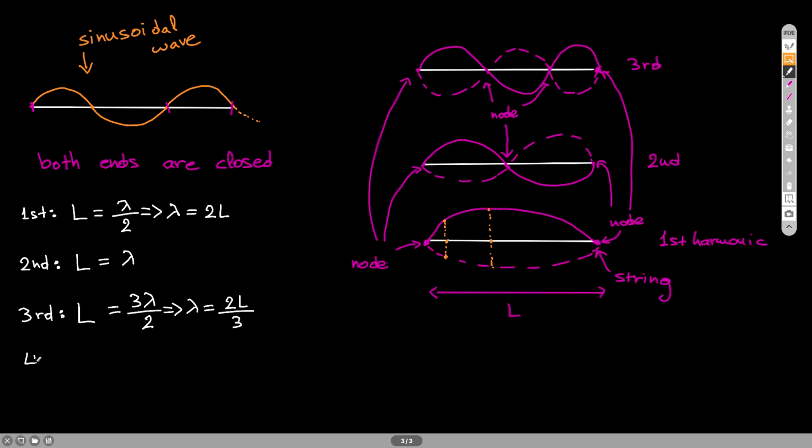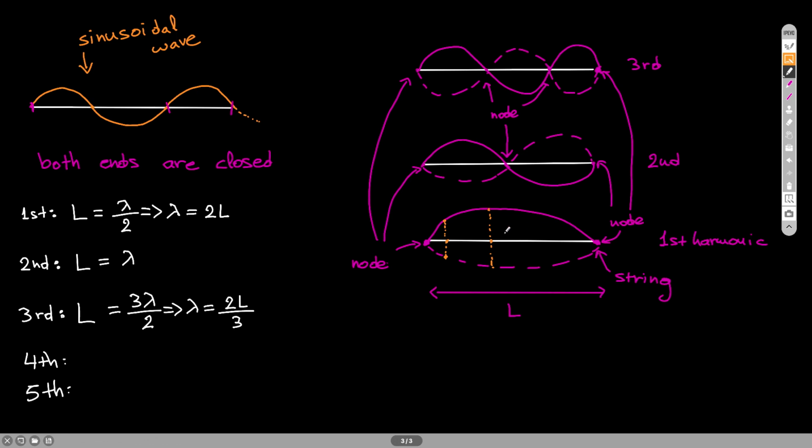And if you need to do the fourth one and the fifth one and so on, what I want you to do is to draw those harmonics and look at them, and decide what is the relationship between the length of the string and the wavelength. I want you to have the ability, when you look at the standing wave, to know that relationship between the length and the wavelength.